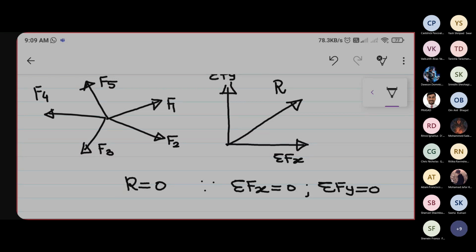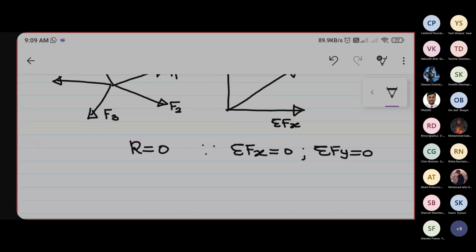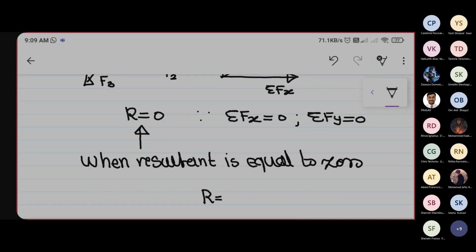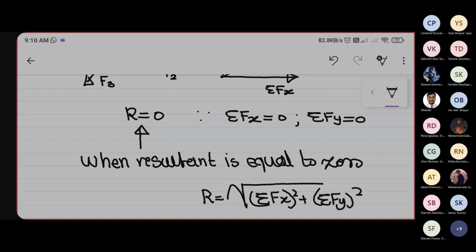We know that when we say a body is in equilibrium, the resultant is equal to 0, and we know that the resultant is equal to the square root of summation of Fx squared plus summation of Fy squared.